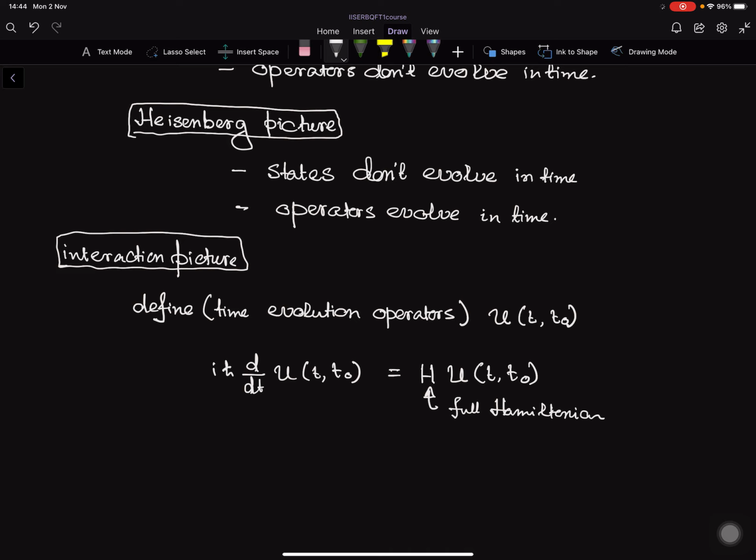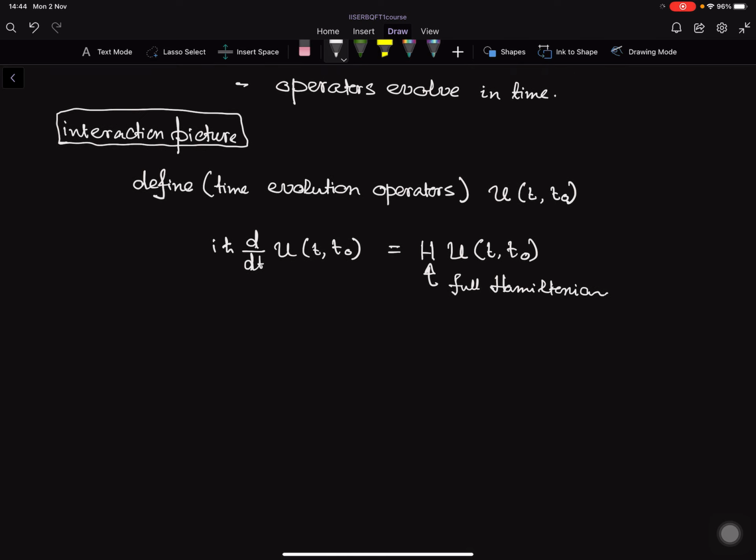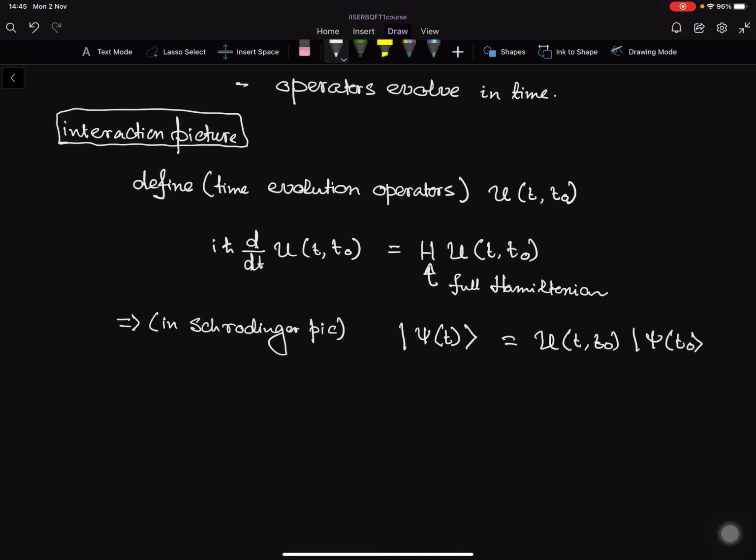That implies, in the Schrödinger picture, any state at time t is U(t, t0) acting on the state at time t0. So this is the Schrödinger picture, whereas any operator at time t is the same as the operator at time t0. Okay.